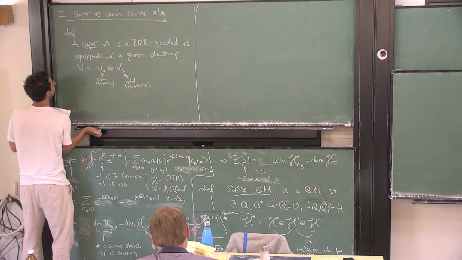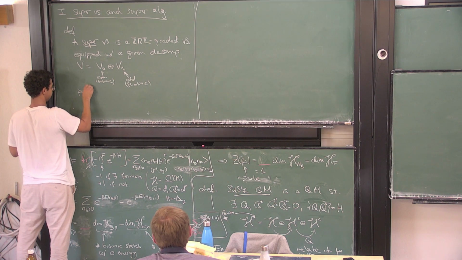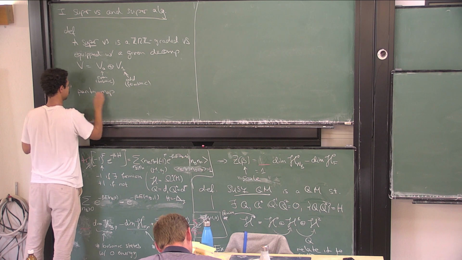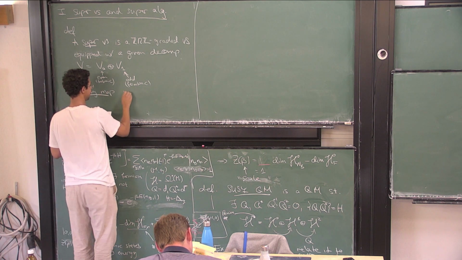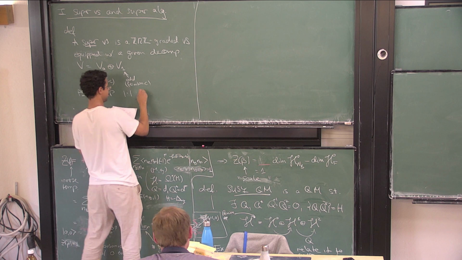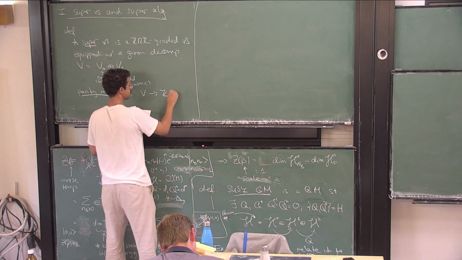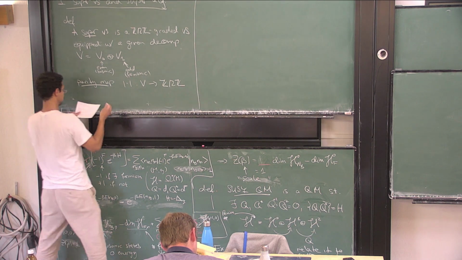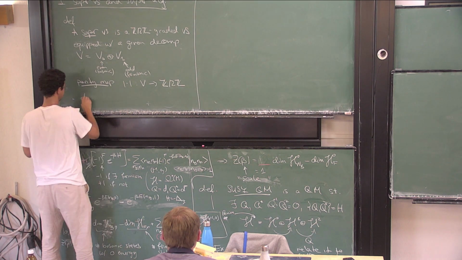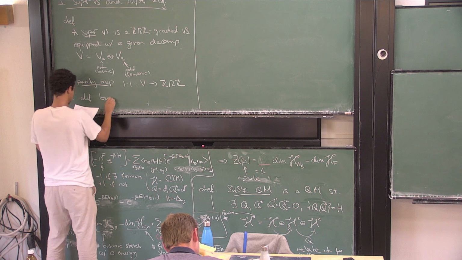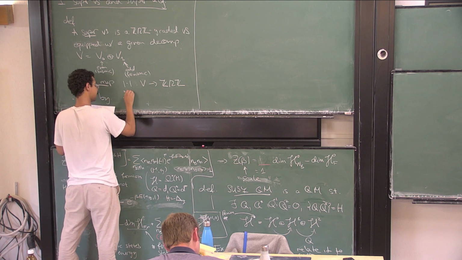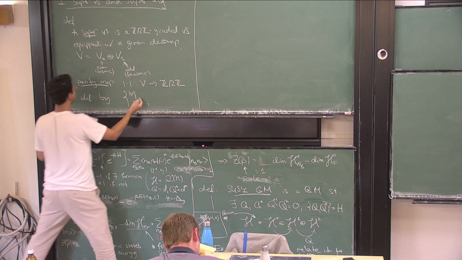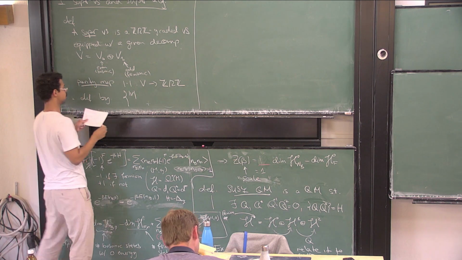And then there's a parity map, which is a map from V into Z mod 2Z, so that is kind of giving you the grading, which is defined on homogeneous elements, so elements purely in V0 or purely in V1.